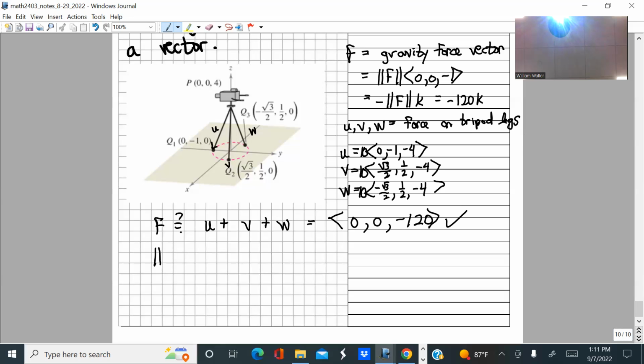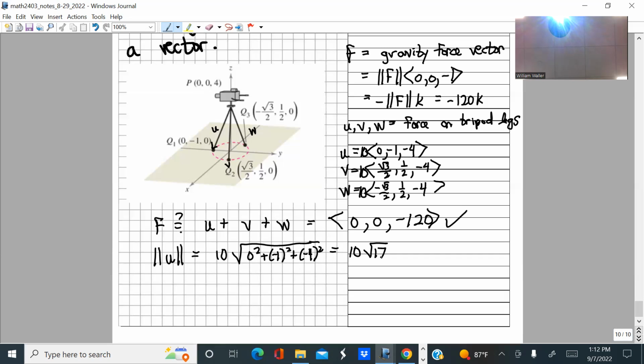Let's compute the magnitude of u. So what does that really turn out to be? I think I get 10 times the square root of 0 squared plus minus 1 squared plus minus 4 squared. 10 times the square root of 17.